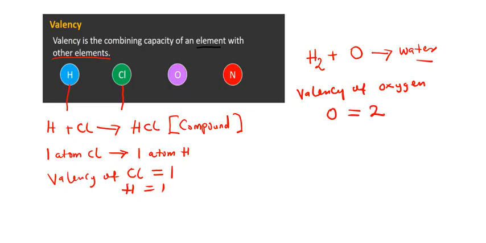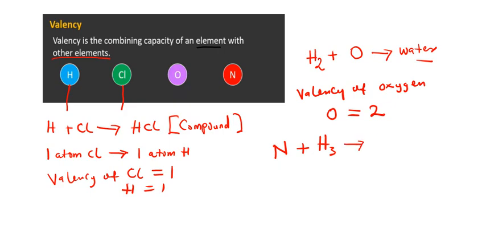Now, let's also look at nitrogen combining with hydrogen to give us ammonia. You see here, we have one atom of nitrogen combining with 3 atoms of hydrogen to give us ammonia.